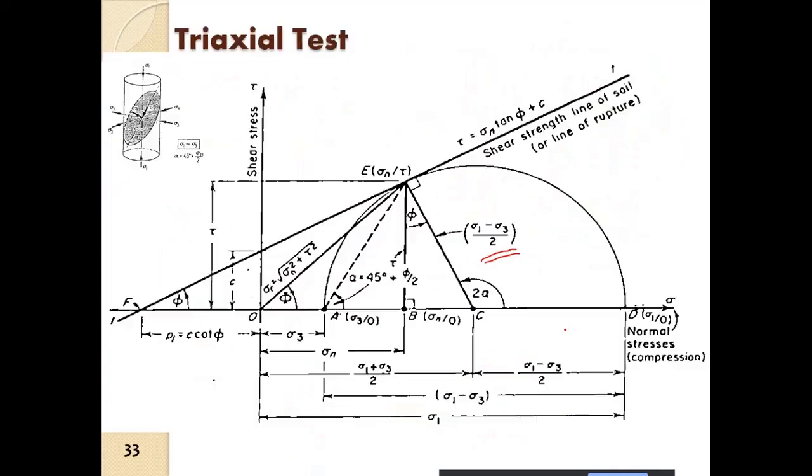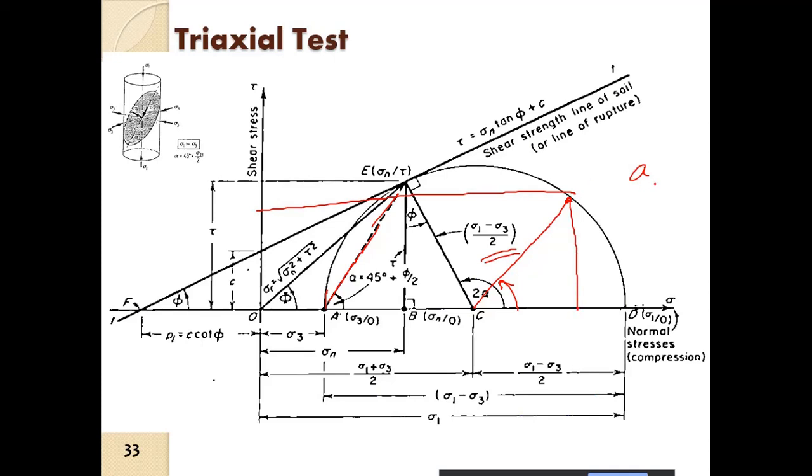So here you see, this is the plane, which is obviously the failure plane. Suppose we consider angle A. What is the stress condition at angle A? It is twice A. So this is the shear stress and this is the normal stress on that plane.